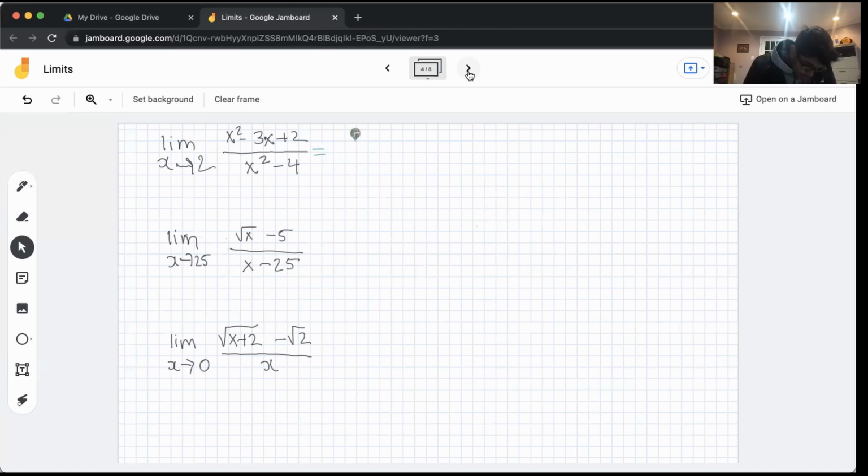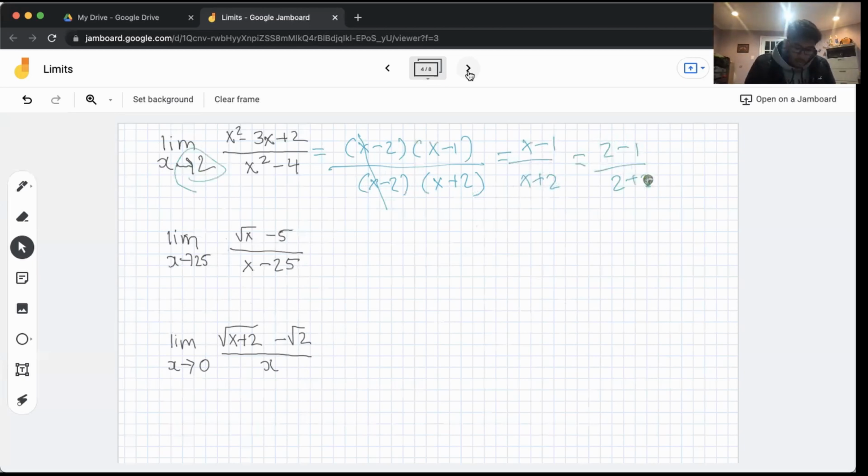So x minus 2 times x minus 1 by simple factoring laws, and then x minus 2 times x plus 2. Make sure you know how to factor. All right, we can cancel out the x minus 2's, leading us to x minus 1 over x plus 2, and now we can plug in the value. So 2 minus 1 over 2 plus 2 gives us a value of 1/4, and that is the limit when x approaches 2.